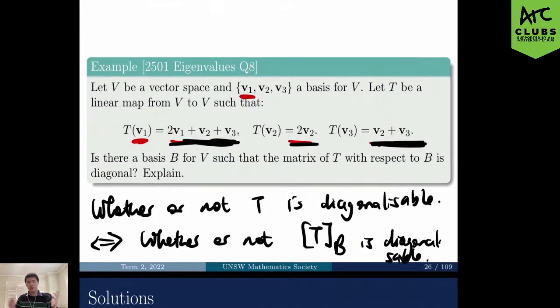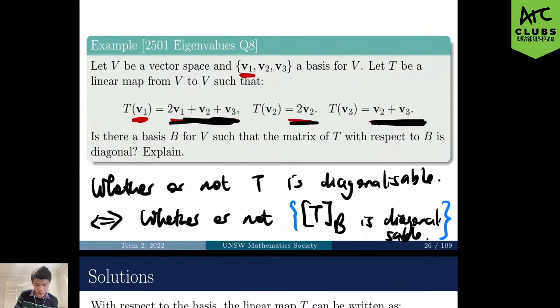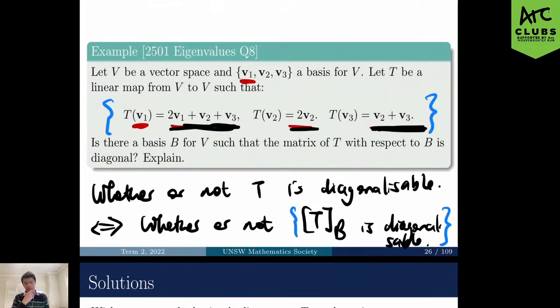Right? So you could have the craziest transformation in the world on a very bizarre vector space, but all you need to do to find out whether it's diagonalizable is find its matrix with respect to a certain basis. So in this example, can we find the matrix with respect to this basis?